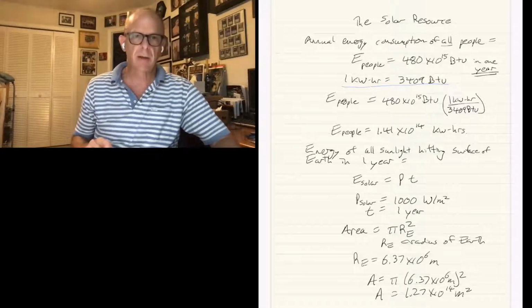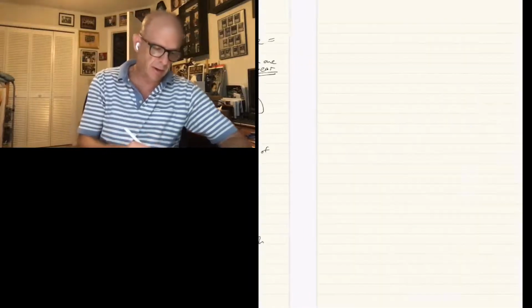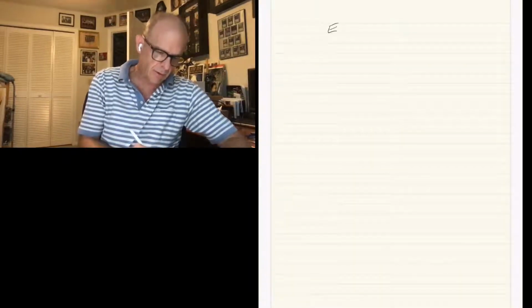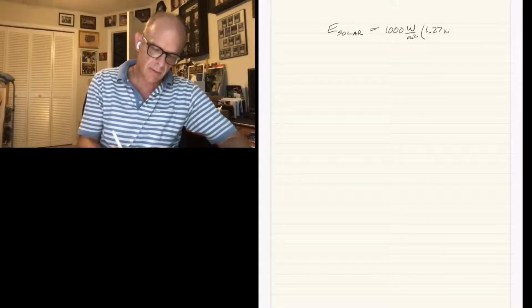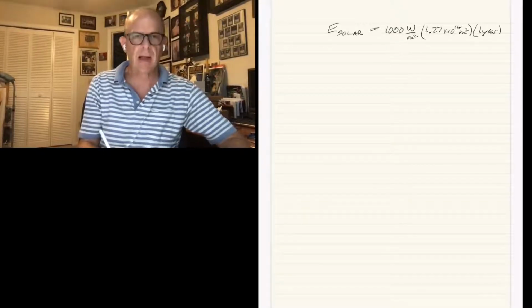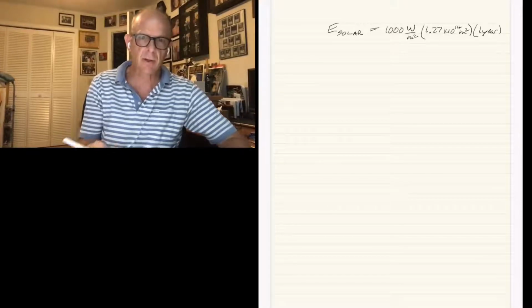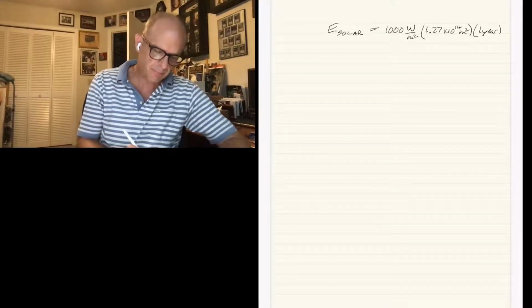So I can now calculate the total amount of energy that comes from the sun and reaches the surface of the Earth in a year: 1,000 watts per square meter times my area, 1.27 times 10 to the 14 square meters, times 1 year. And I'm going to have to figure out how many hours are in a year so that I end up with kilowatt hours for energy.